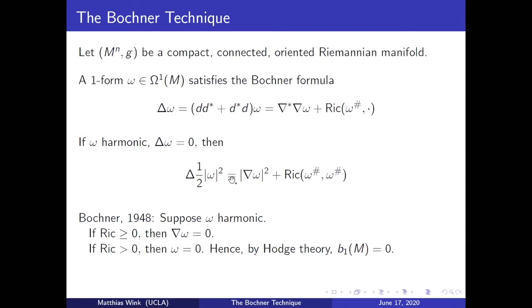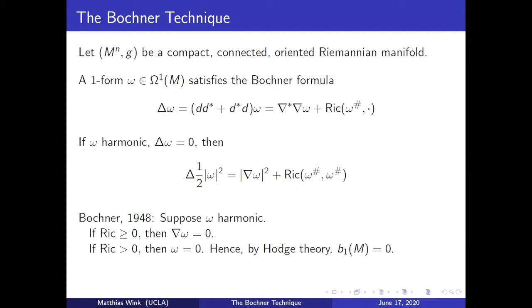The first term is the norm of the covariant derivative of omega squared. The other one is going to be minus the connection Laplacian of omega. Because we assumed we have a harmonic form, we can write this as the Ricci curvature evaluated on omega. That's the observation that Bochner made.